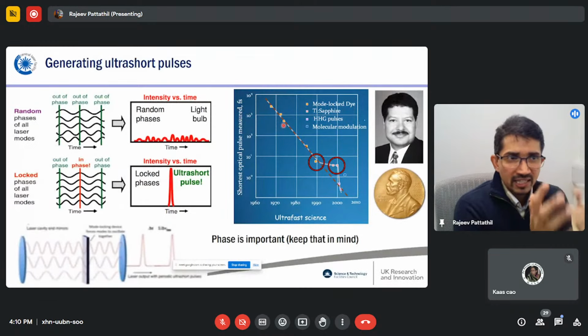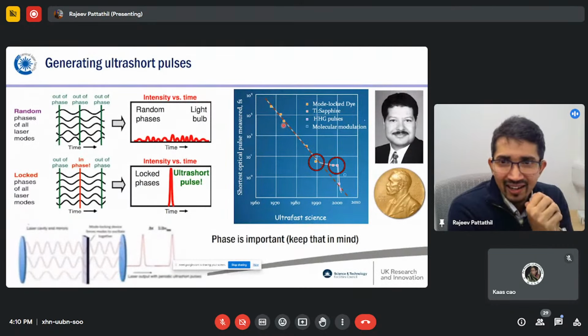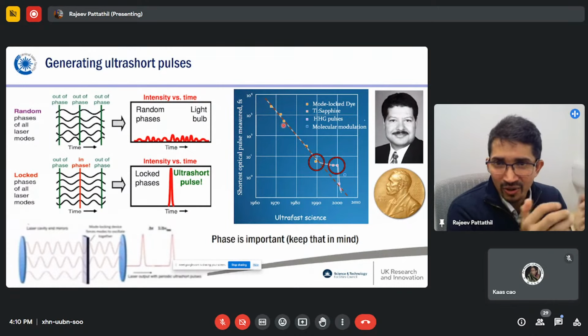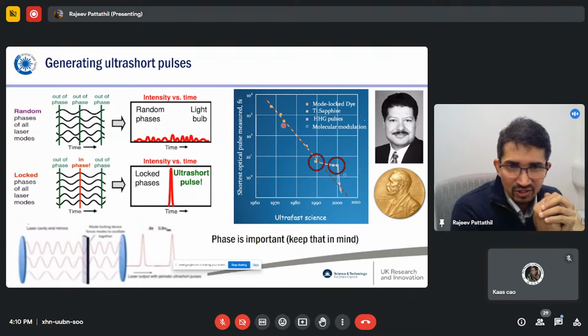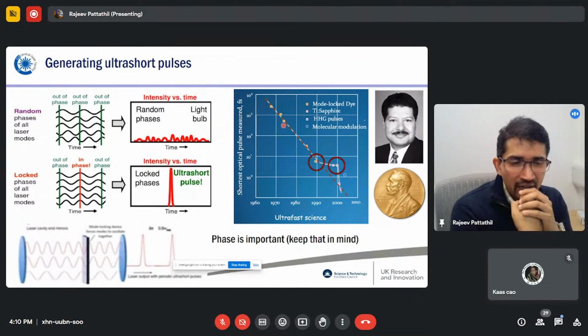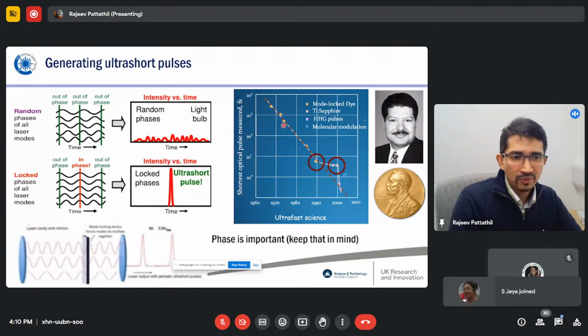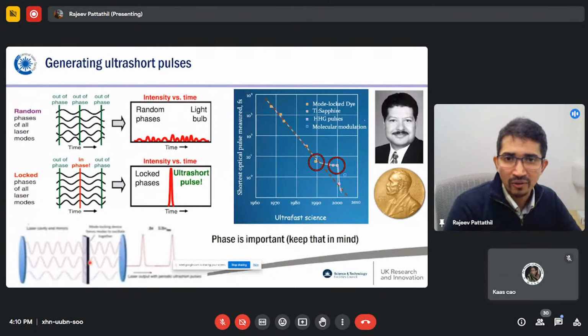Now, just by having that material and a lot of bandwidth doesn't necessarily produce a short pulse on its own. For a laser, what you typically do is you have a cavity, and you keep the laser material, in this case titanium sapphire, in there. It can support a lot of bandwidth, as we saw.